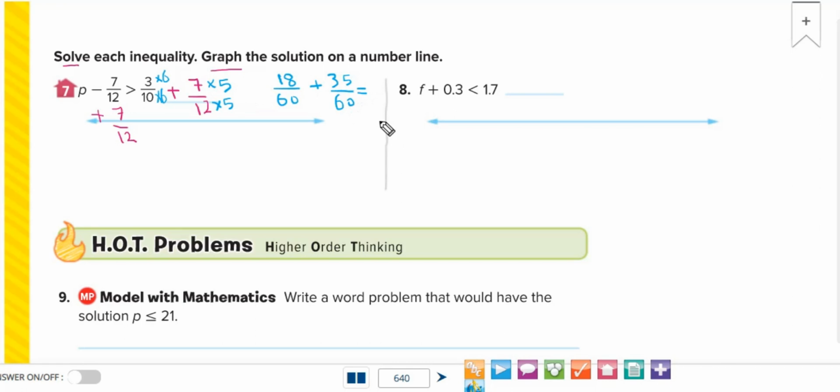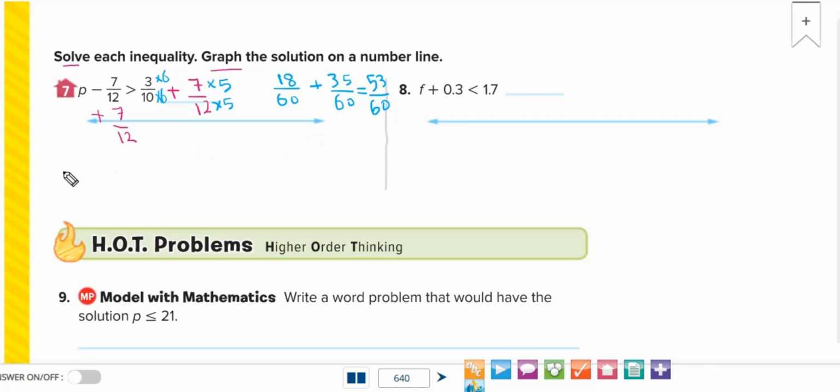And at the end, of course, you are going to add the 18 plus the 35, and it will give you 53 over 60. 53 over 60 is simplified, so no need for a further step.